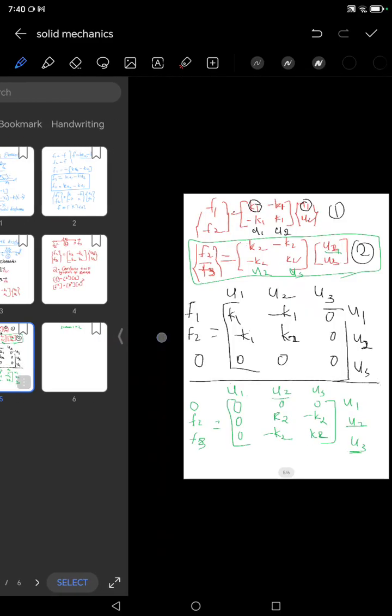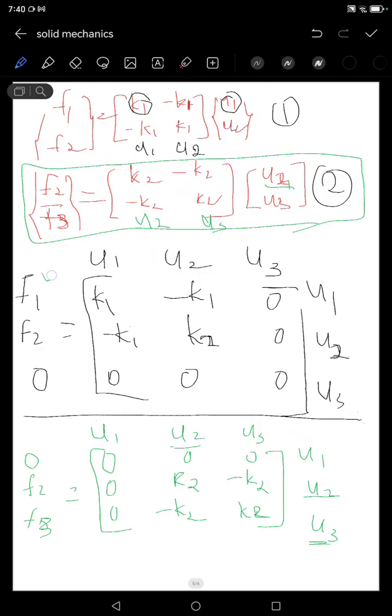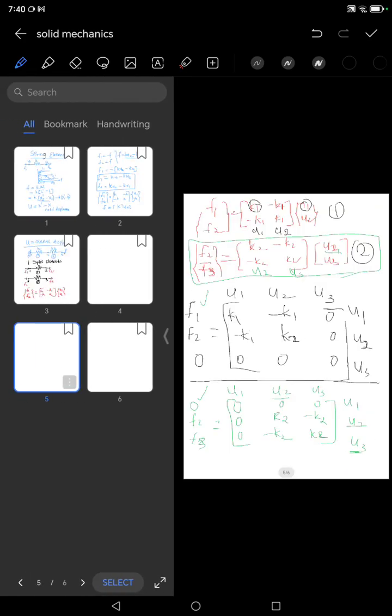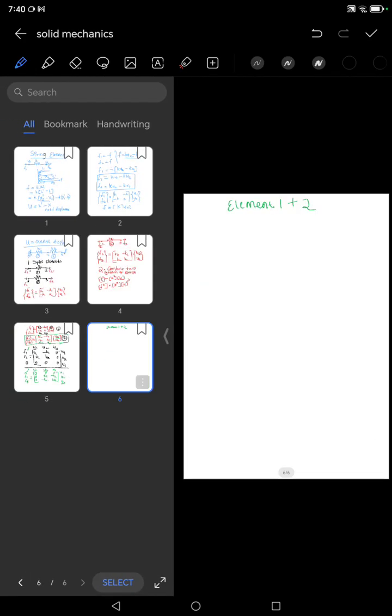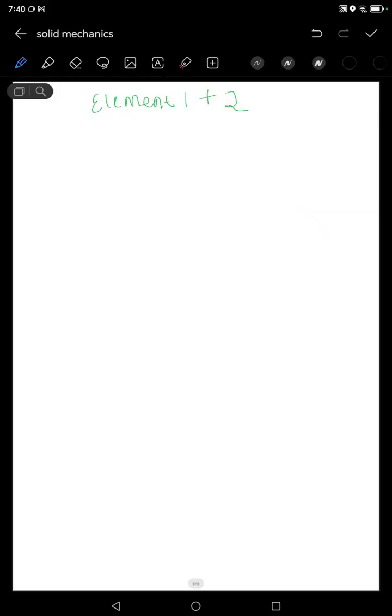We're going to say this f1 plus this f1, so it's f1 plus 0, which is going to be f1. So we're going to have f1 here.